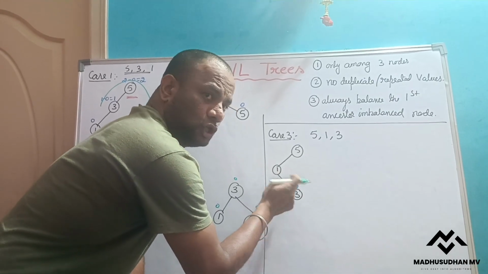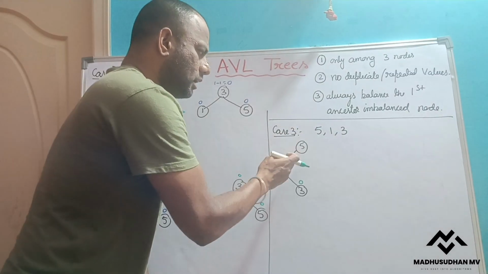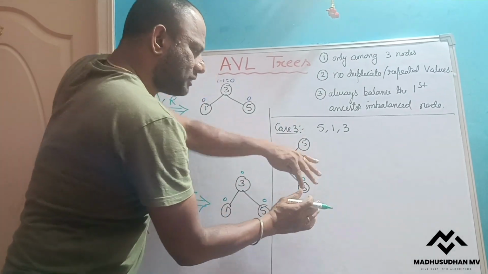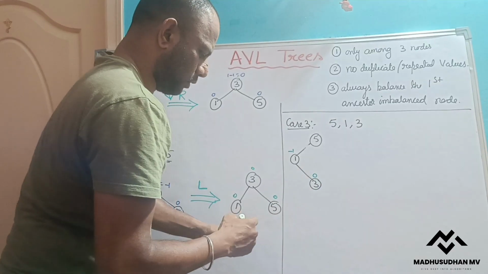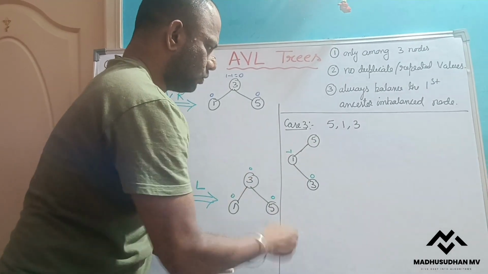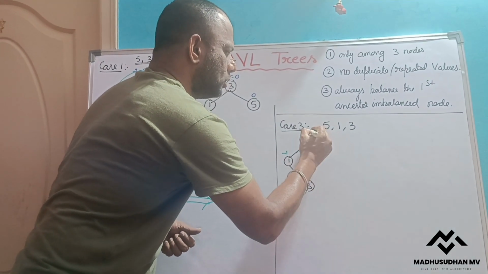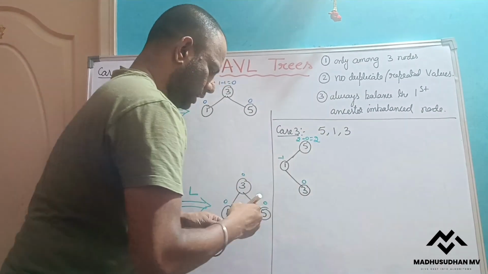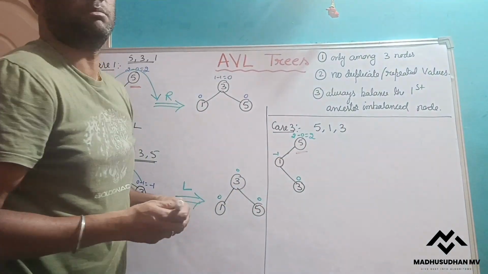Here 1 edge, 0 minus 1, minus 1. This also is fine. Now this is the entire left subtree, there is no right subtree. 1, 2 edges are there here. So this is 2 minus 0, 2. Again, this is my imbalanced node.